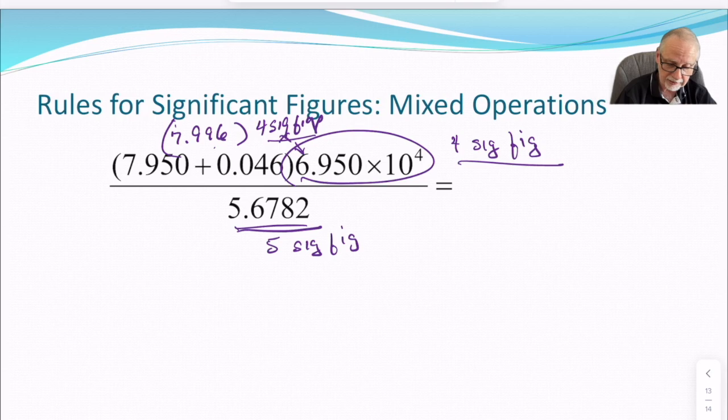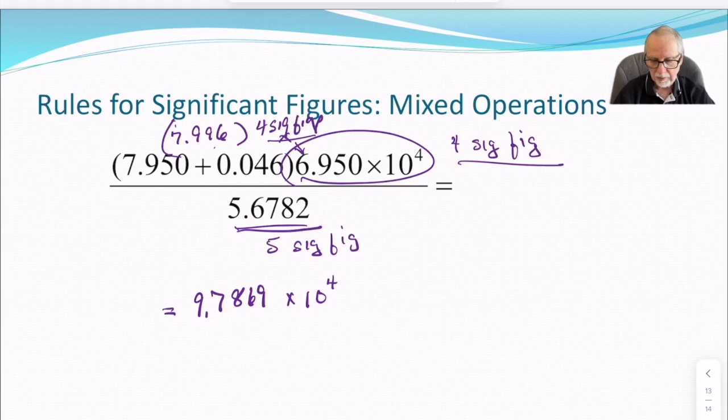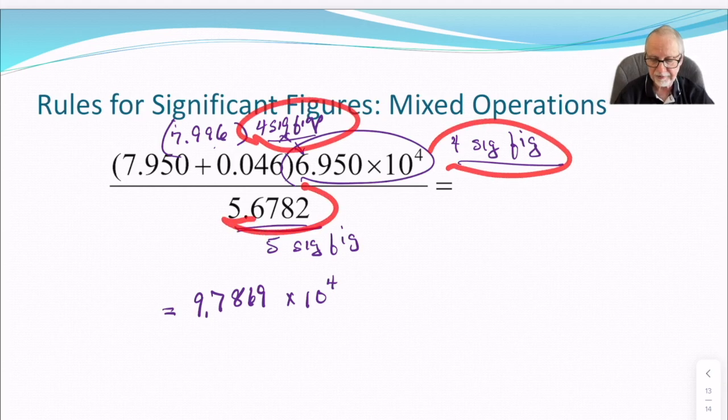So we do the calculation here, and the calculator is going to give us a value of 9.7869 times 10 to the 4th. Again, how many sig figs are we going to have? We've got 4 sig figs times 4 sig figs divided by 5 sig figs. So our answer is going to have 4 sig figs.